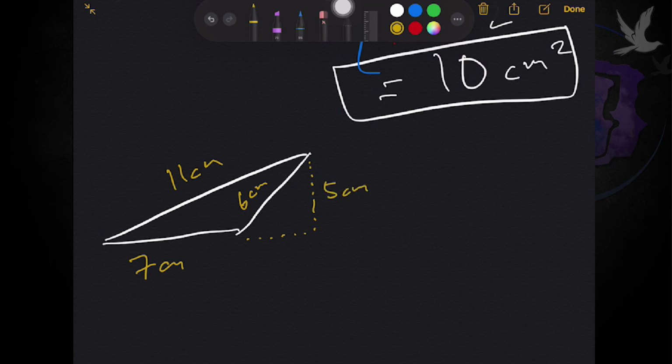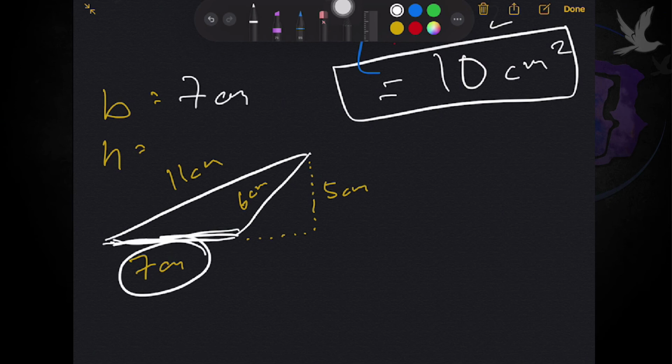Okay. So what are we going to do here? Of course, we have to identify our base and our height. Obviously, in this case, the bottom one is automatically our base. That is your base, 7 centimeters. Now, your height, which one do you need? Like what I said earlier, it should be perpendicular.